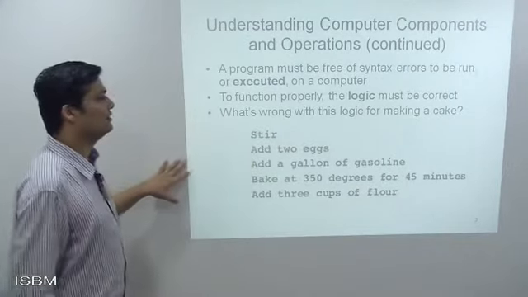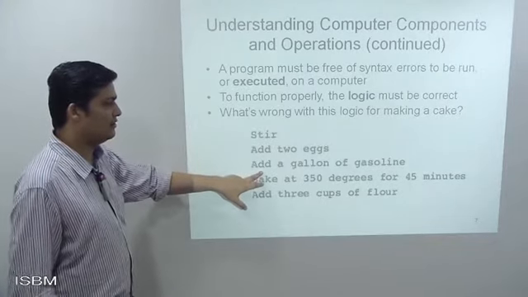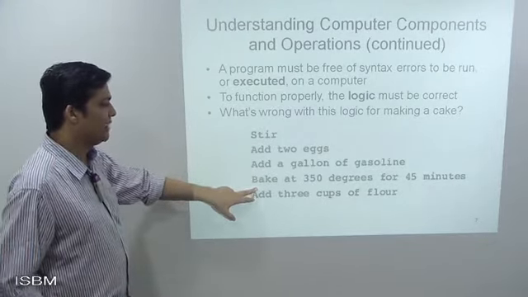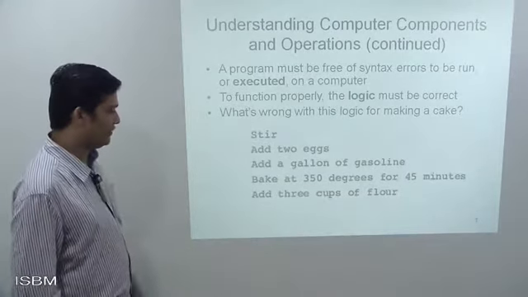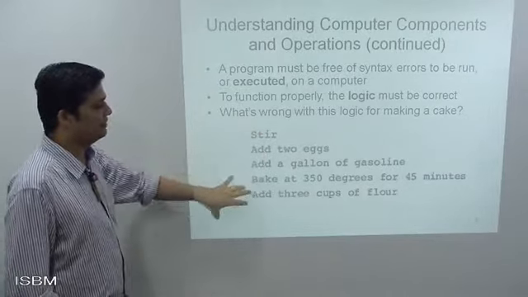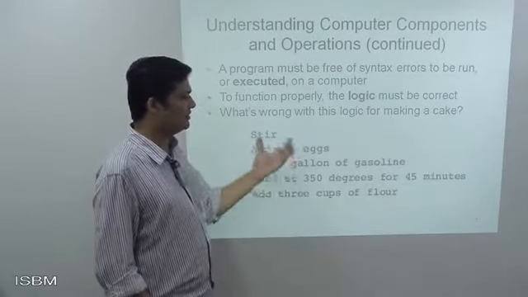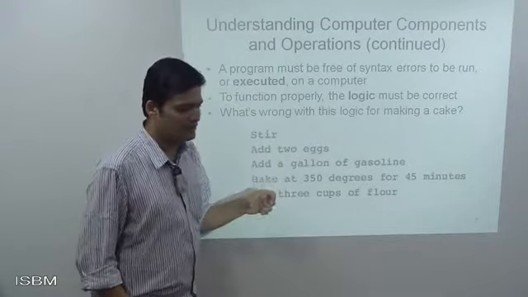So what is wrong with the logic for making a cake? Stir, add 2 eggs, add a gallon of gasoline, bake at 350 degrees for 45 minutes, add 3 cups of flour. You can see this is a kind of process of making a cake. Everywhere we require some process, some protocol.